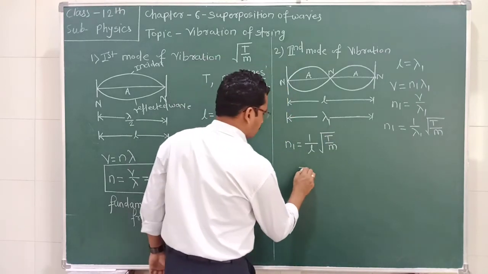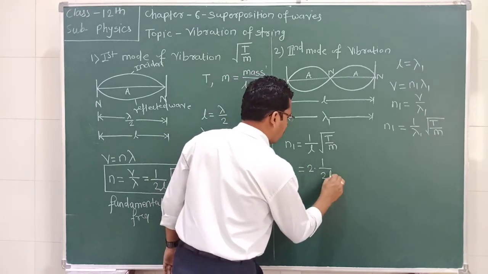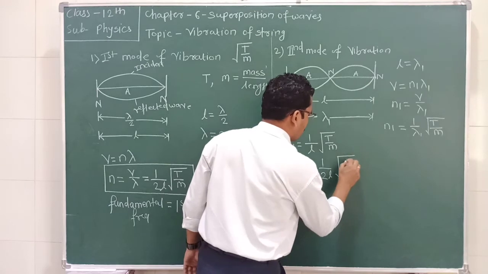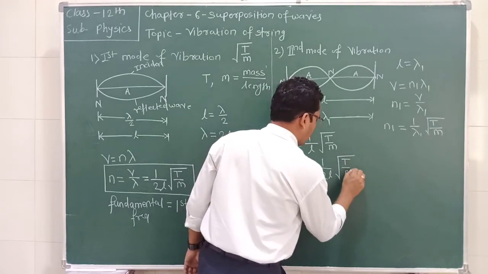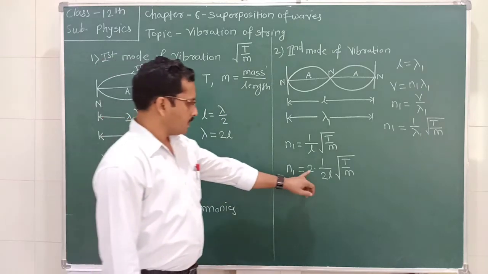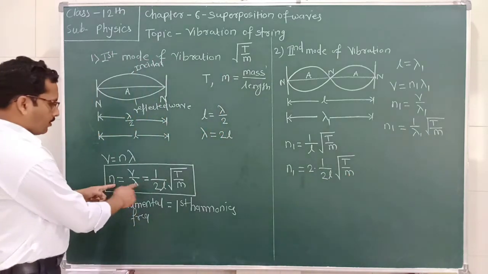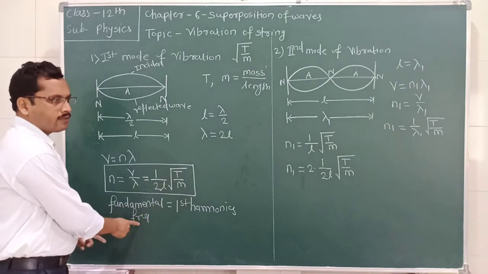Now we can write this as 2 into 1 upon twice L under root T by m. This is n1. And what is this 1 upon twice L under root T by m? This is nothing but the fundamental frequency.